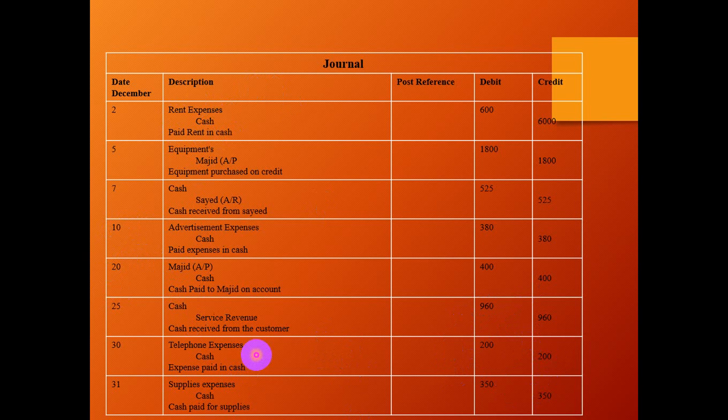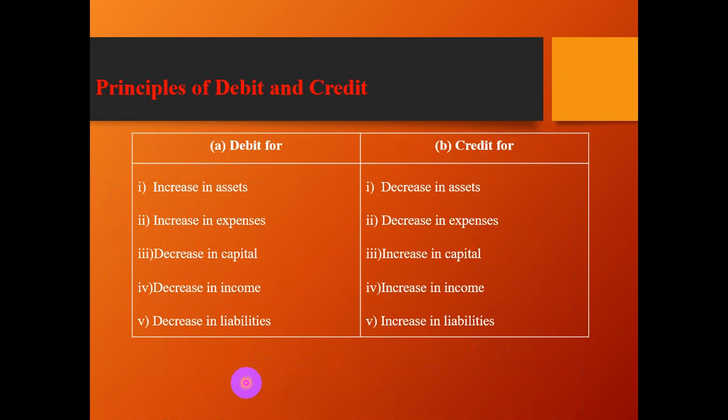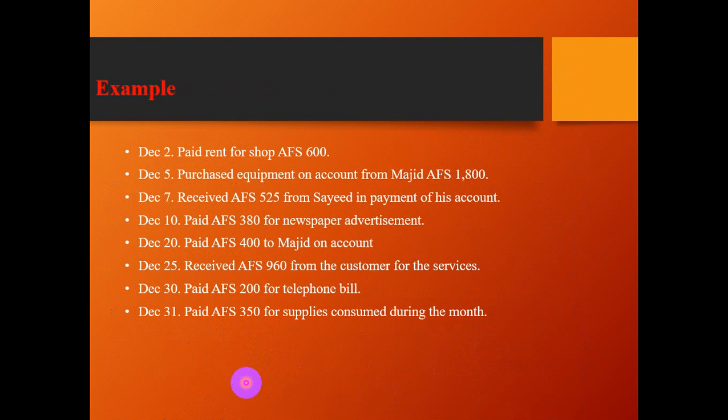That is also a similar transaction. Paying the telephone bill increases expenses, and on the other hand cash is your asset, which is decreasing. So expenses increase has a debit balance, and cash, your asset decrease, has a credit balance.